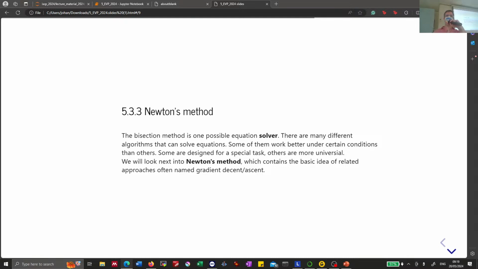So in the Newton method, we basically try to make use of a gradient of a function at a point to get a guess, or a more educated guess, for the next possible value in our iterations.